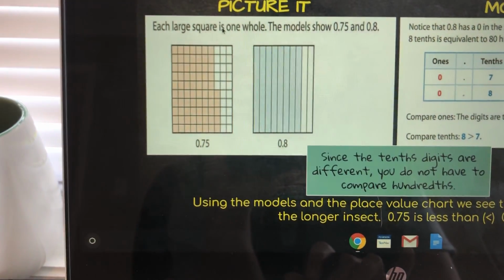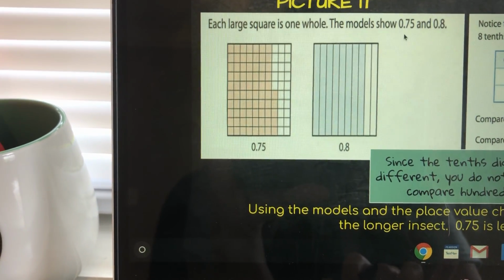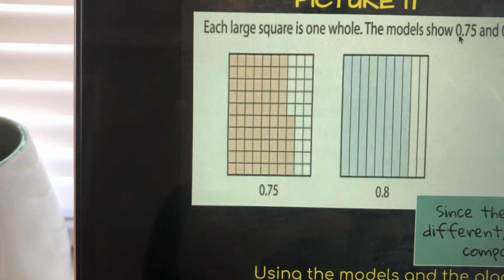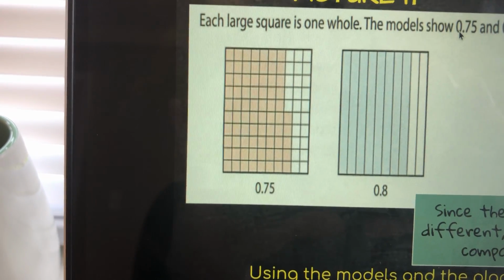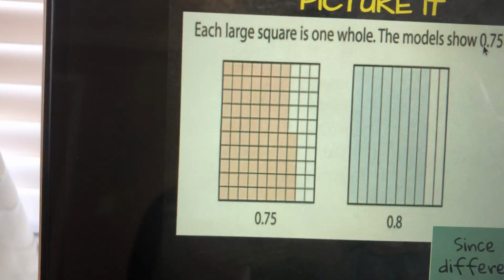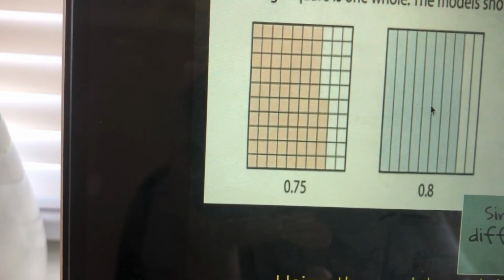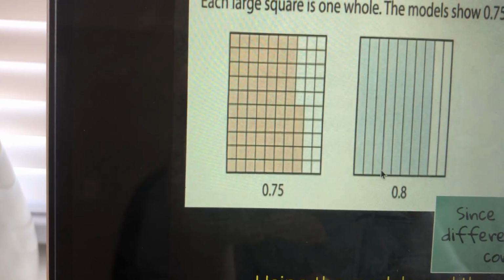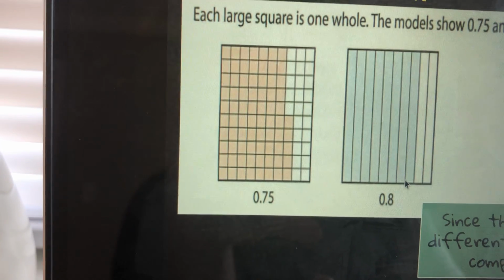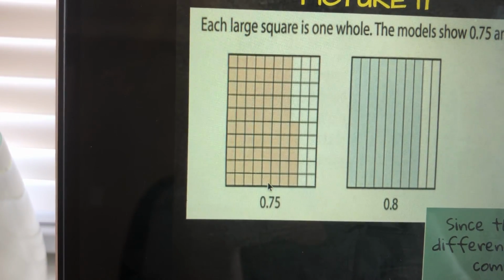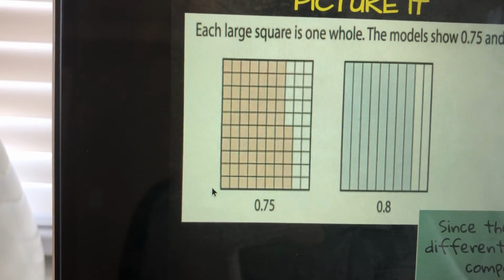Each square is one whole, so we've got 75 hundredths and 8 tenths. They want to know which one's bigger. Just by looking at it, I can tell that this one's bigger because they both have 1, 2, 3, 4, 5, 6, 7 whole ones.